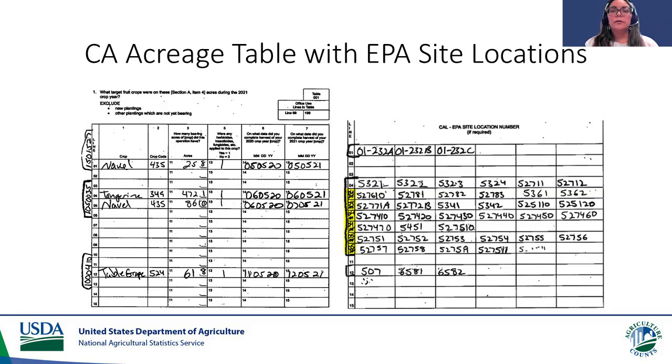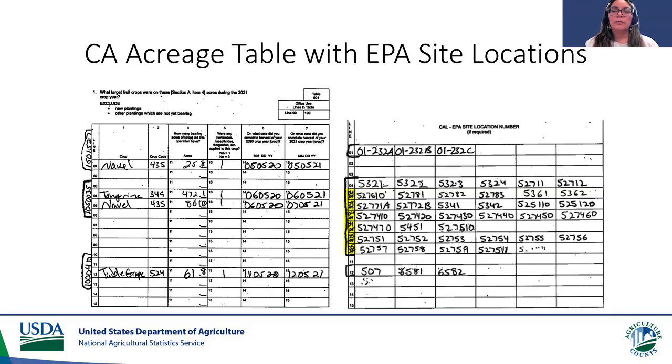To keep track of the complete list of the acres and site locations, the enumerator first collected all the data for one pesticide ID, then the data for the second ID, then the third ID. This also helps prevent double reporting of the acres.